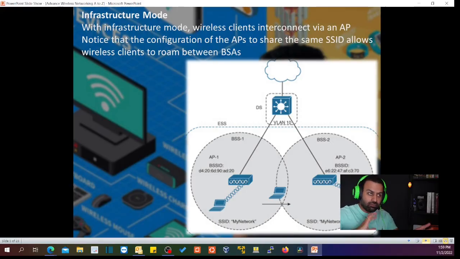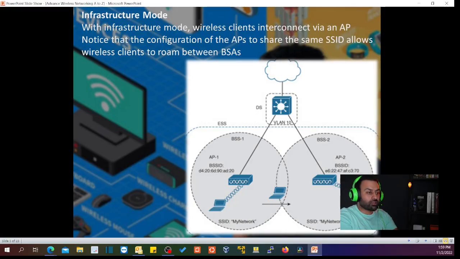We're going to discuss what is BSA, what is SSID, and so on in the next chapter. But if you look at the diagram here, they say what I said, they are using the same SSID. It's just roaming. For example, here we said my network. There's an AP1 and an AP2, AP1 on your left side and AP2 on your right side.